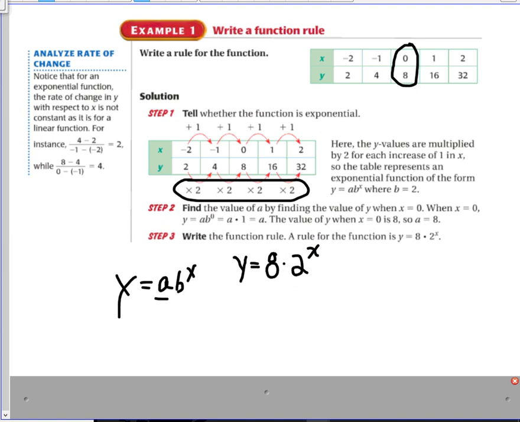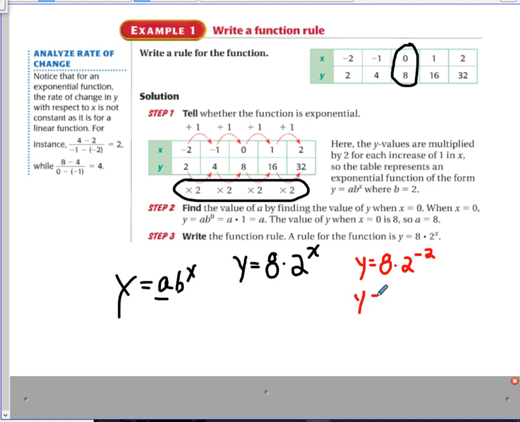All right, and we know this is true because if I were to plug in one of my x values, I could say, for example, y equals 8 times 2, and let's just use to the -2 power. Well, in past lessons, we have learned that if we have a negative exponent, the whole power is going to go to the bottom.